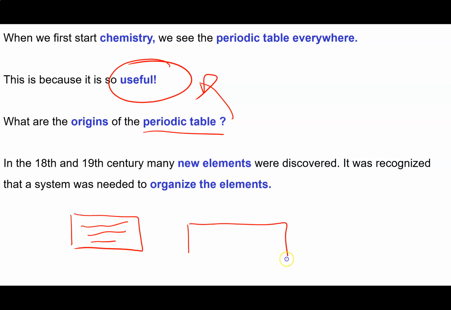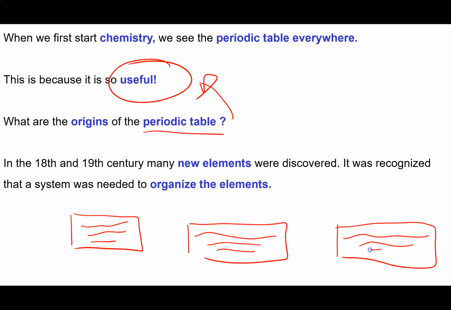When you've only got maybe 10 of these, you don't really need any kind of filing system. But by the time you get to 60, things start to get really difficult to memorize all of this information. So lots of people were thinking about how we can organize the elements to make it easier to remember their properties and characteristics.